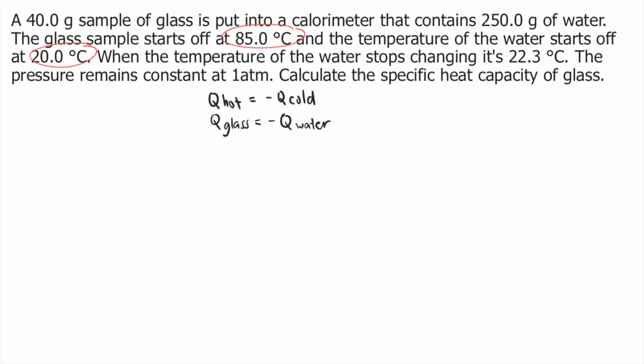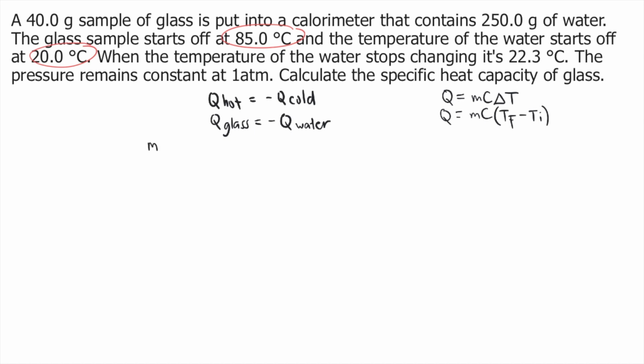And if you can recall our equation for Q, Q is equal to mc delta T, or mass times specific heat capacity times change in temperature. And we know the change in temperature is equal to the final temperature minus the initial temperature. So what you're going to do is we will expand both sides of the equation.